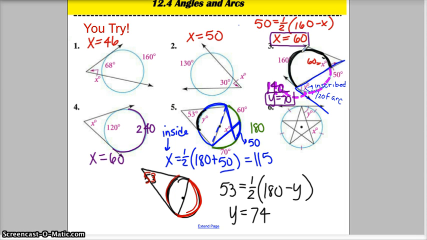This is 180. I needed that value, this little sliver here. So I set up that 53 equaled half of 180 minus Y, multiplied both sides by 2, subtracted the 180, and gave me a negative, but good thing the Y was already a minus, so it worked out that Y was 74. I ran out of space for number 6, so I put it on the next page.